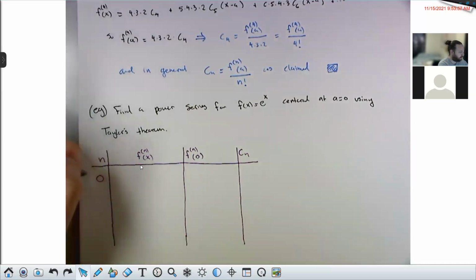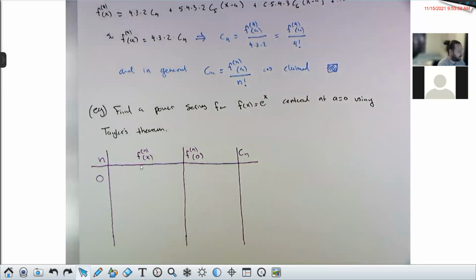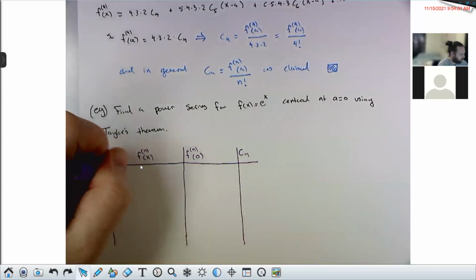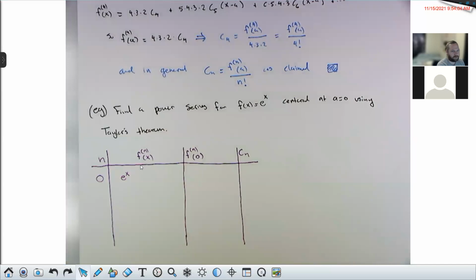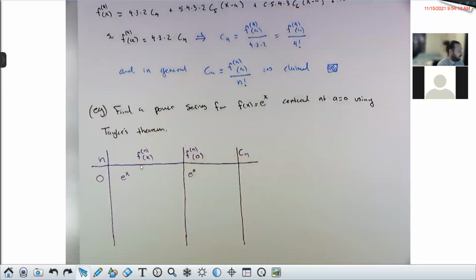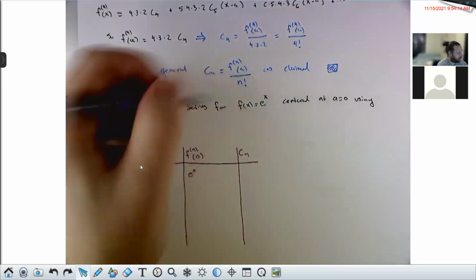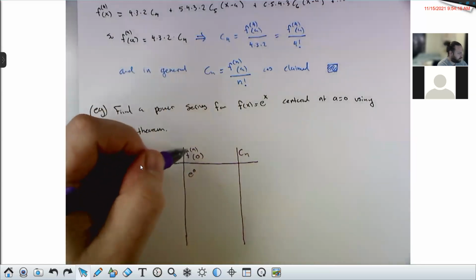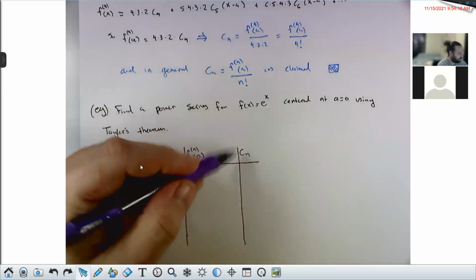If n is 0, if we differentiate 0 times, e to the x is e to the x. And then plugging in the center, you get e to the 0. And then Cn, remember, is Fn of 0, or Fn of a in general, divided by n factorial.